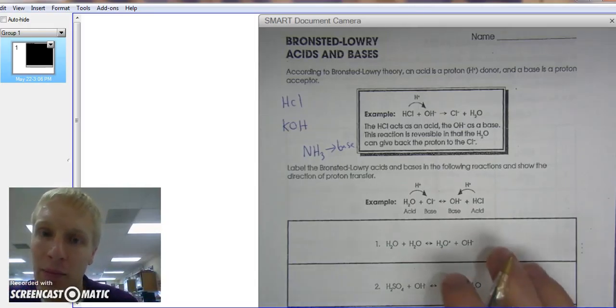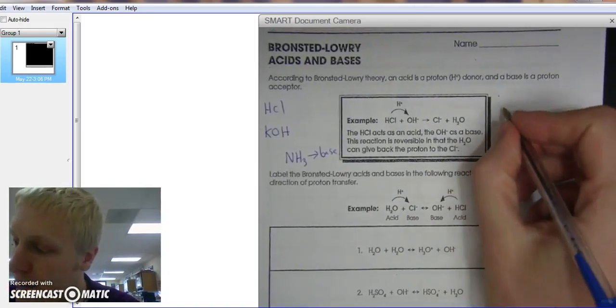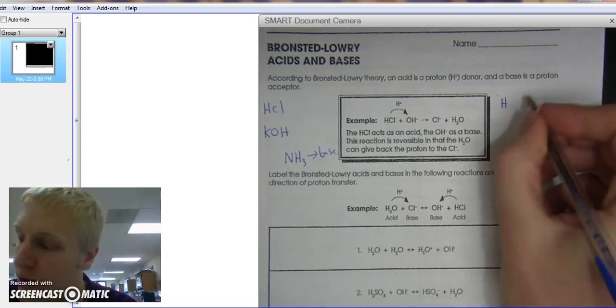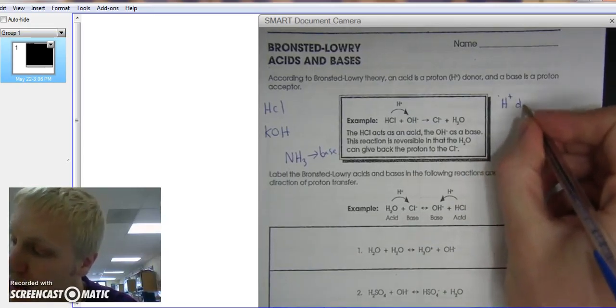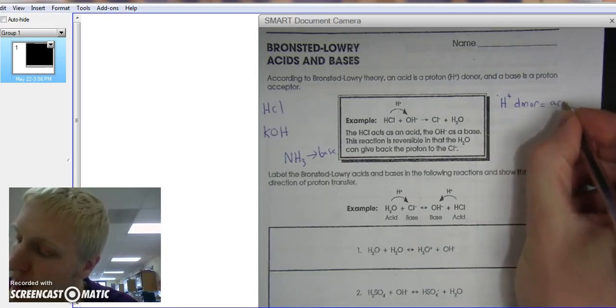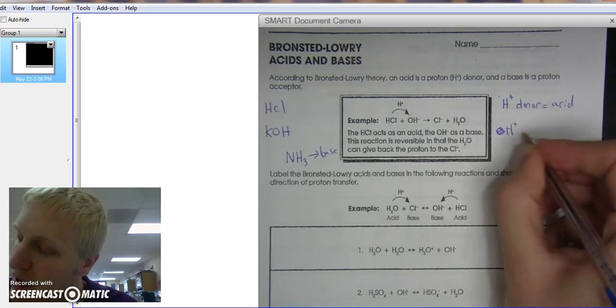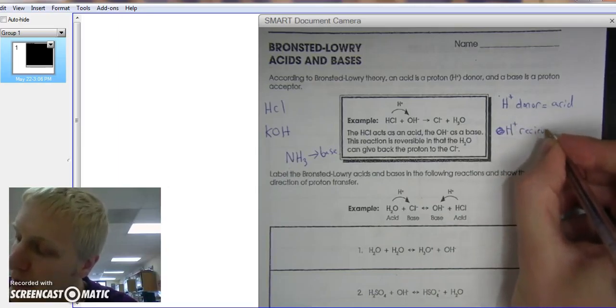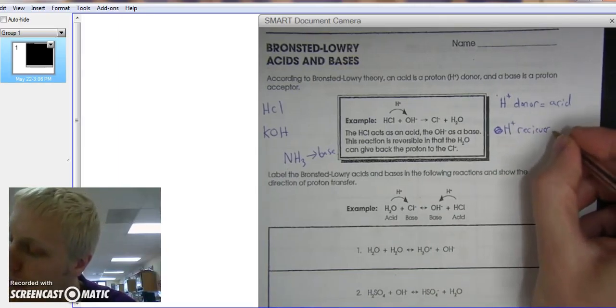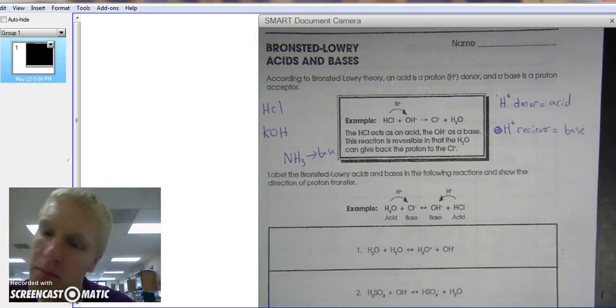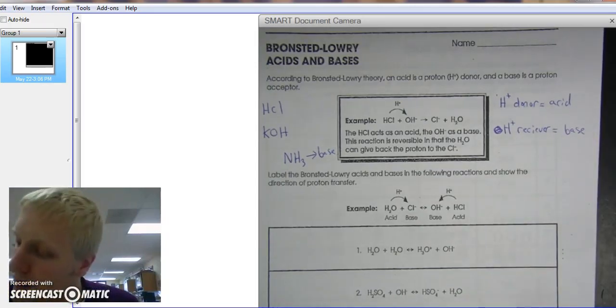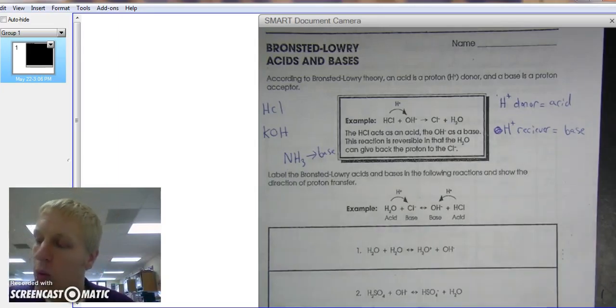So a Bronsted-Lowry acid, first of all, is a proton donor, also known as an H+ donor. And an H+ receiver is a base. And it's all about where the H+ is going.